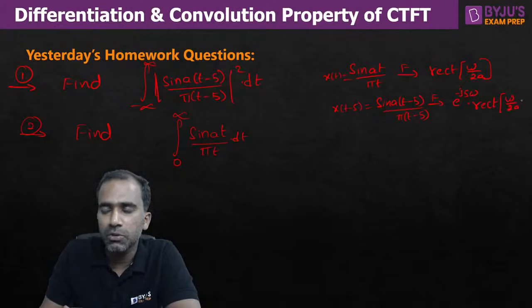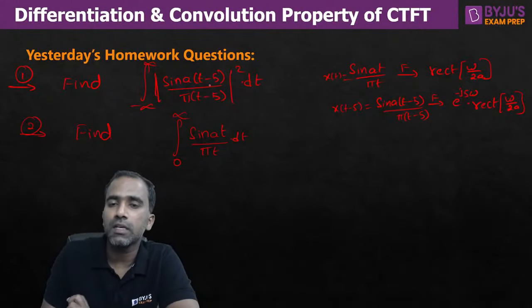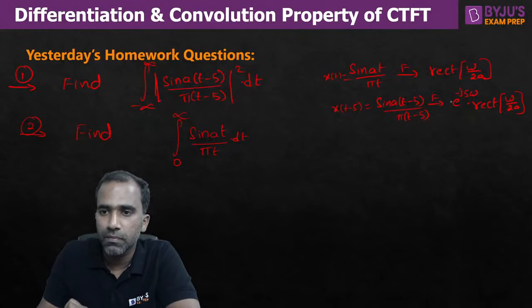So I'm expecting you to use two properties here: time shifting and Rayleigh's energy theorem. Okay, so we got the Fourier transform of this signal.